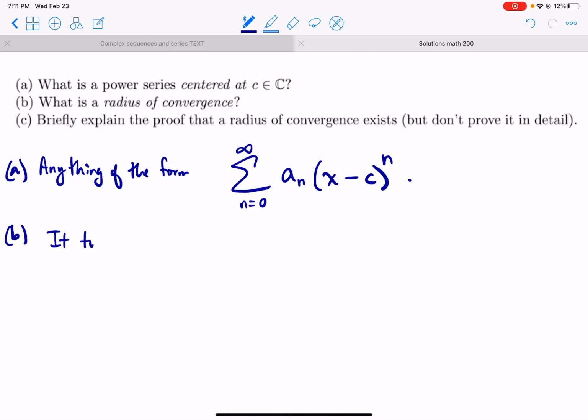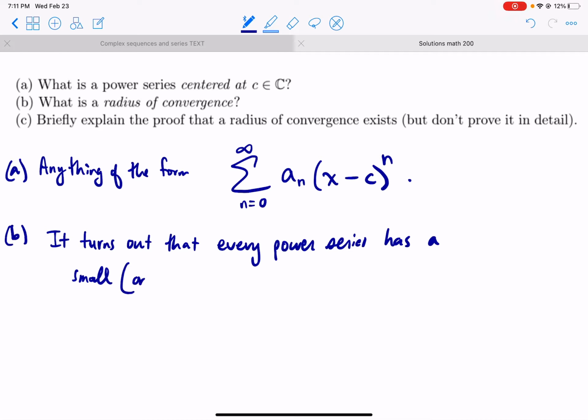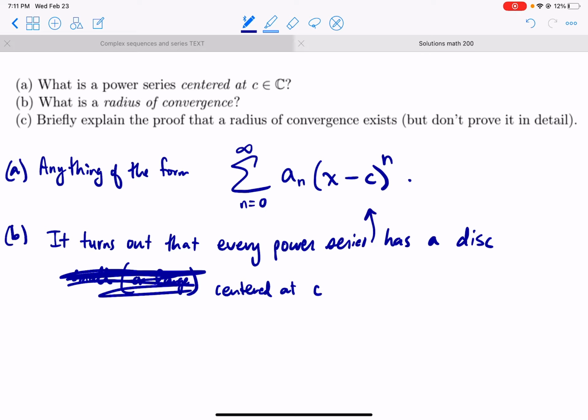It turns out that every power series has a small or possibly large disk centered at the point that this power series is centered at, C. Every power series, like above, has a disk centered at C.